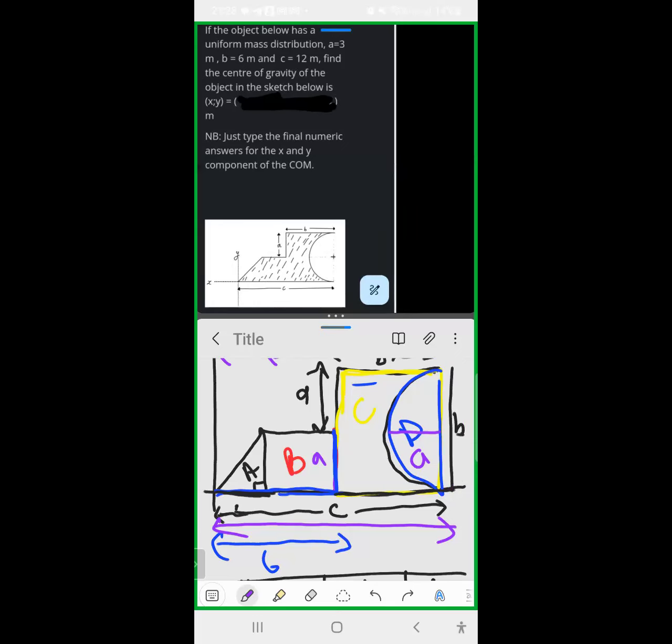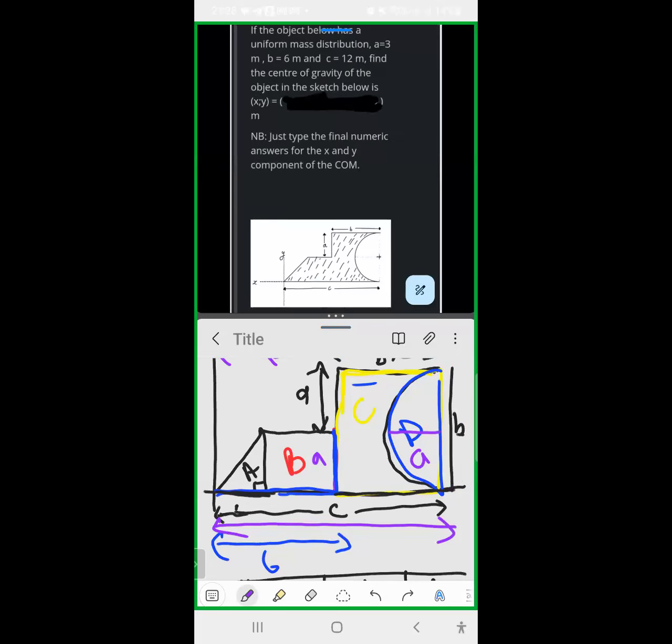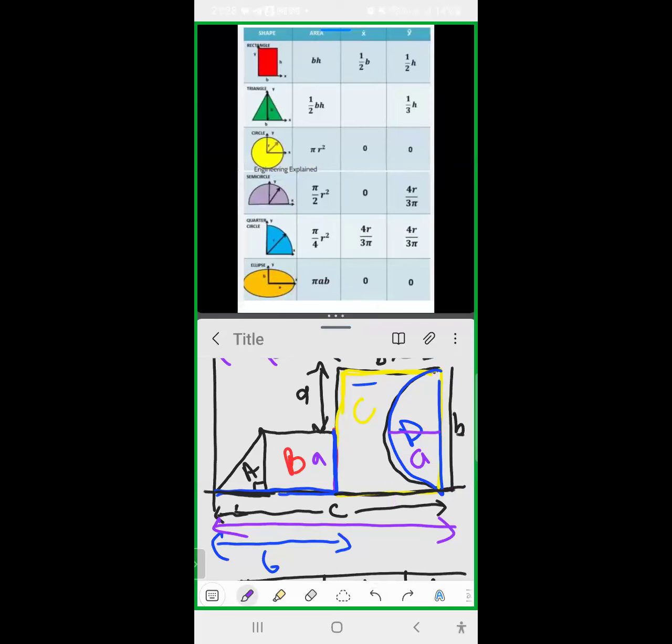And how do we find it? I can notice here on the diagram for a semicircle that they basically swapped the x and y equations on how to find the center of mass. So for the x center of mass of a semicircle, it's 4 over 3 pi multiplied by the radius, and the y is simply the radius.